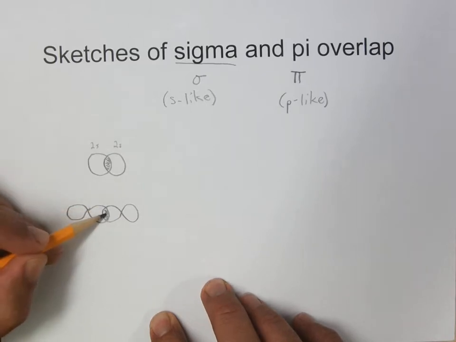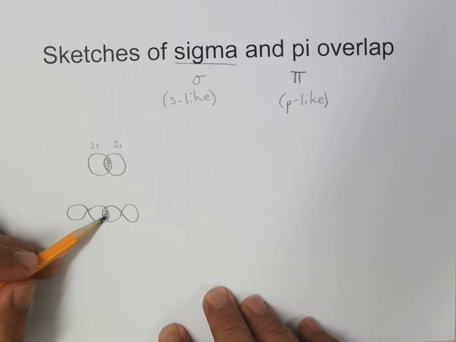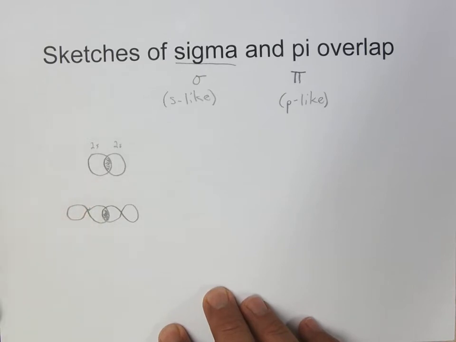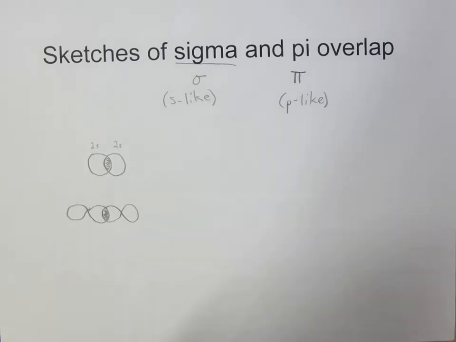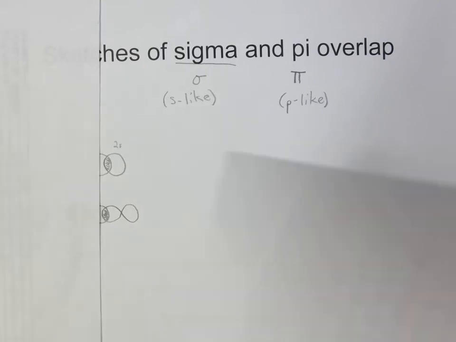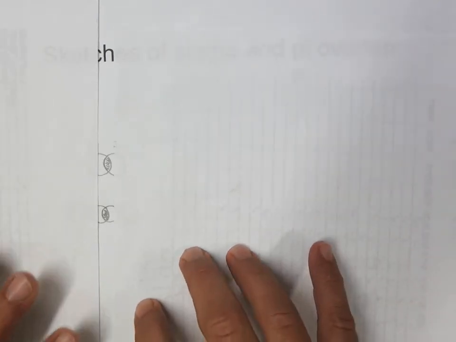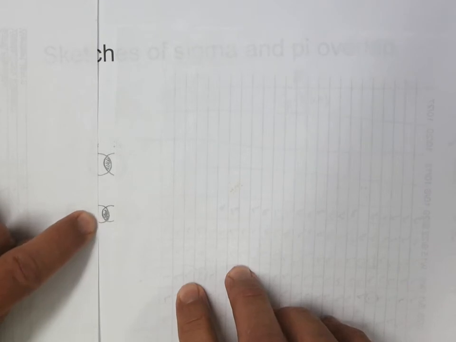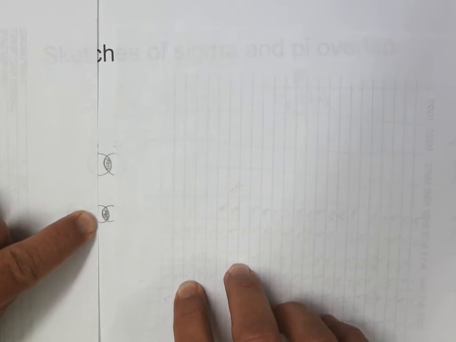the area of overlap between these two p orbitals would look exactly like the area of overlap between those two s orbitals. The way I'd often describe the similarities is by covering up everything except the area of interaction. You can see that this orbital overlap and this orbital overlap look identical in the area of overlap, so similar bonds are formed from similar overlaps.